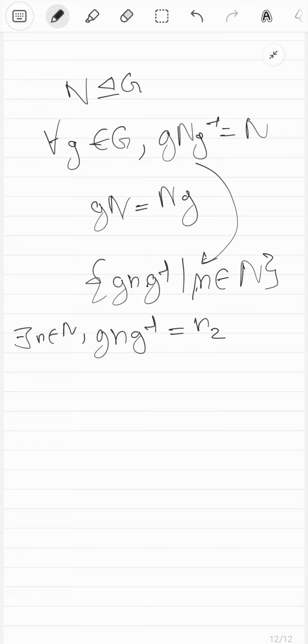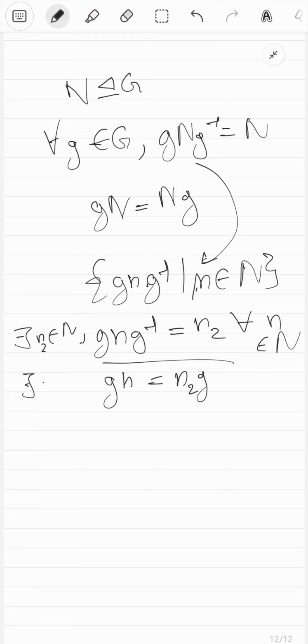What that means is that g n g inverse can be written as n2 for some n2 in capital N, and this happens for all n in N. We can rewrite this to say that gn is equal to n2 g.